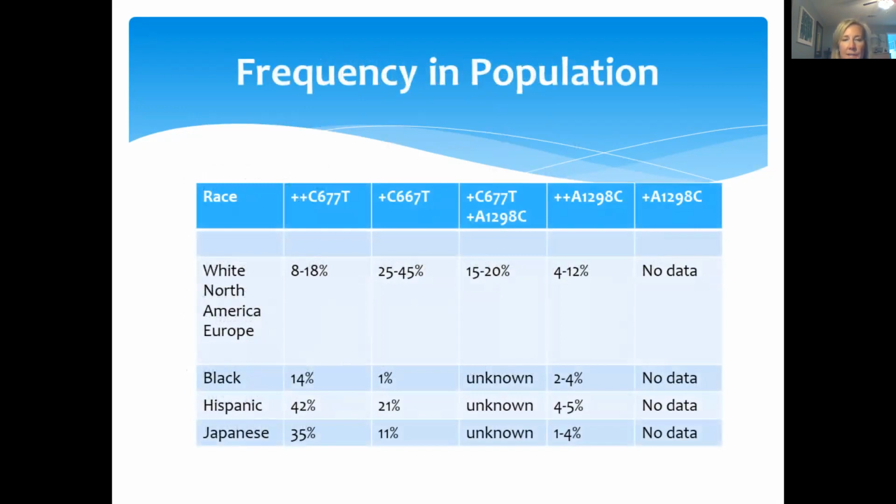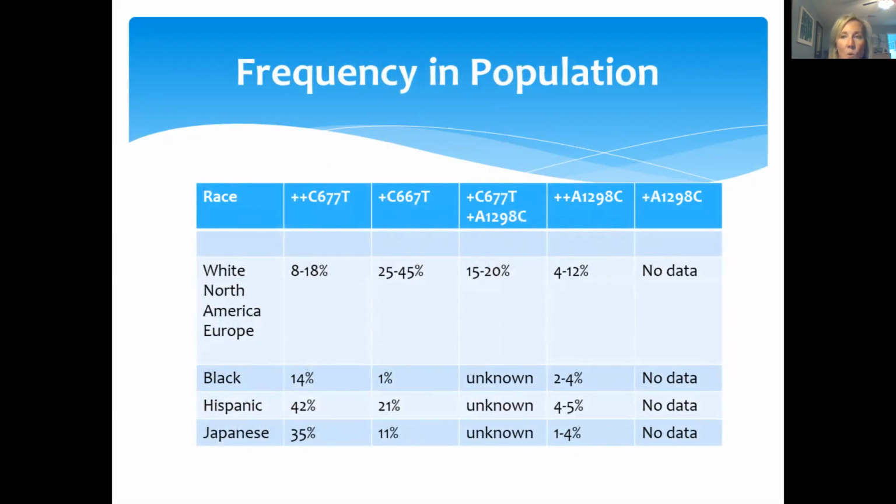Okay, and this just kind of gives you an incidence. I haven't updated this. It may have changed. But I think I've heard actually recently that just having one of the C genes is actually up to 60% in the United States. So that's a huge incidence. And that's just of this, the main gene.